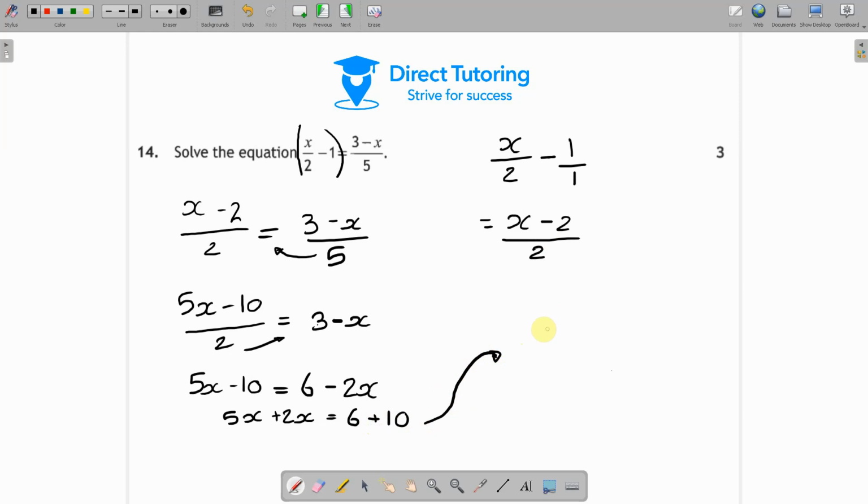So 5x plus 2x is 7x equals 16. Divide both sides by 7. You get 16 divided by 7. Not a very nice number, however, you don't necessarily have to get nice whole numbers in the exam. You can get unpleasant numbers like this. You could turn that into a mixed number if you want, but leaving it as a top-heavy fraction is okay.